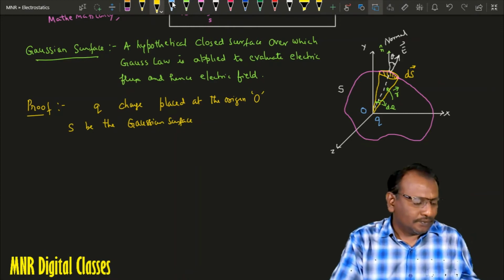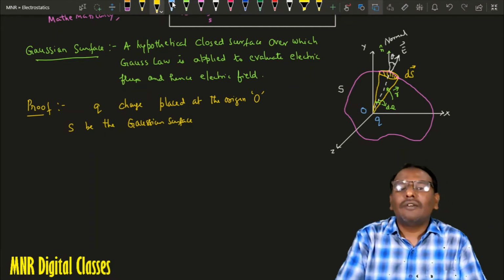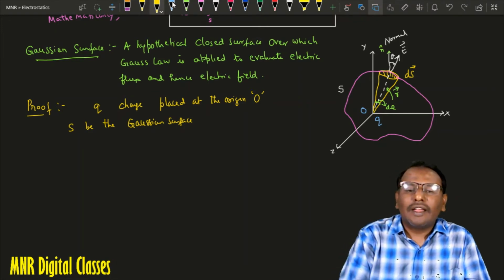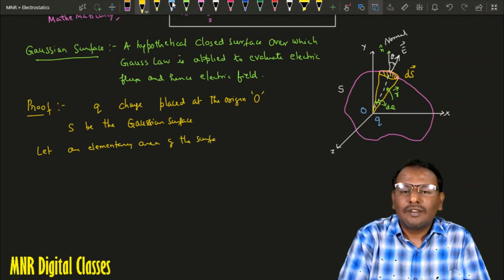Now the method of applying Gauss theorem to any system is, we first consider a small portion of the Gaussian surface having the surface area ds. Let us consider a small or an elementary area of the Gaussian surface having the surface area ds.